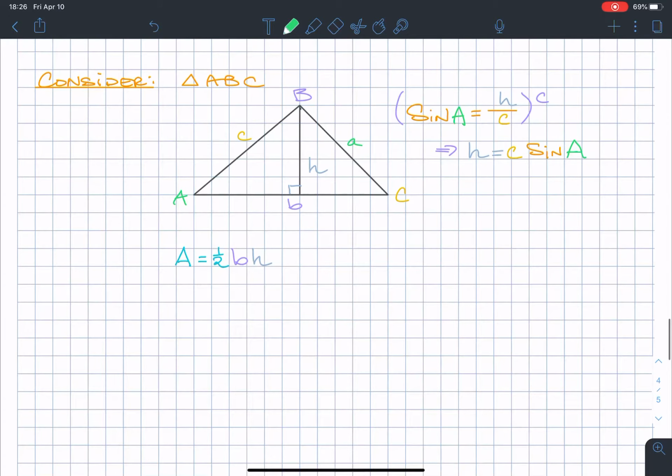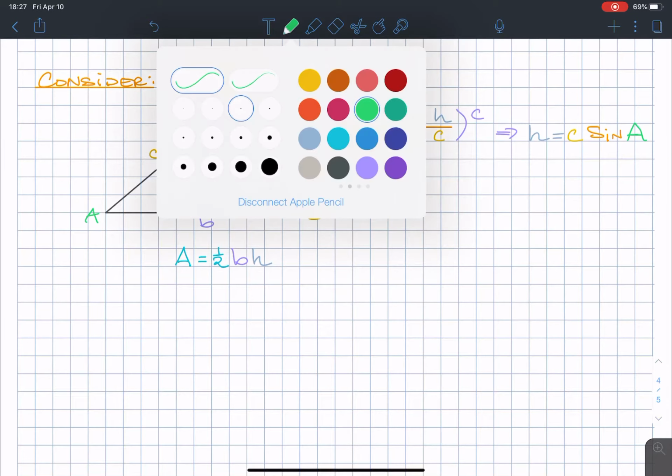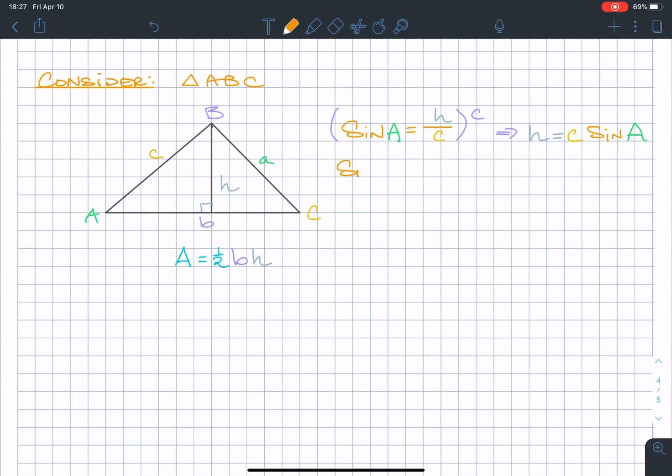But I could do the same thing. So let me move this to the left. I'm going to need a bit more room. I could do the same thing for angle C. That is, I could say sine of angle C. Well, if I look now at the right triangle, once again opposite to angle C, the opposite side is height h, and the hypotenuse of the right triangle is a.